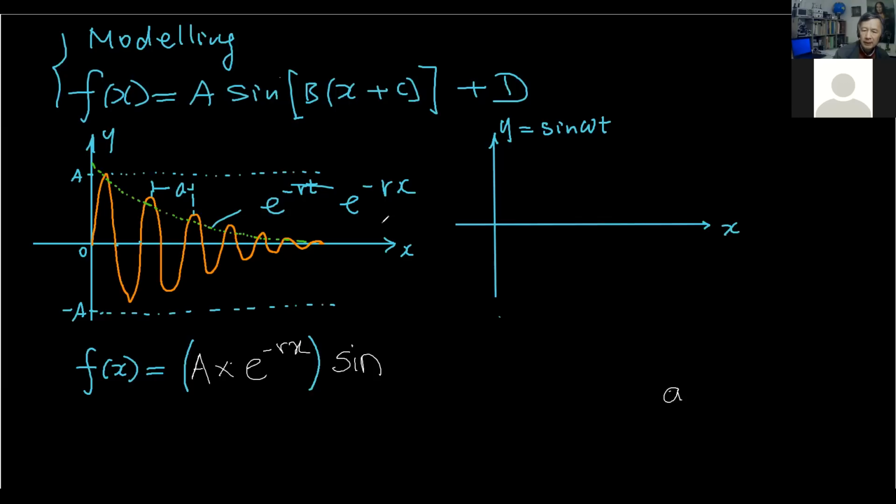I'm just trying to figure out the period. T equals 2 pi over omega. T is equal to A, right? Oh, hang on.